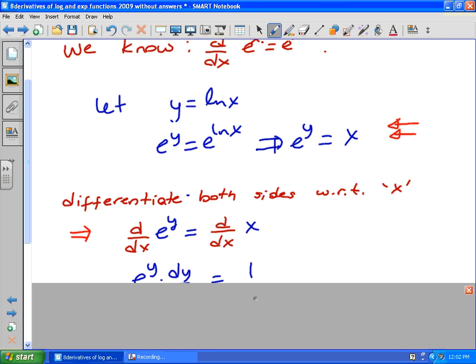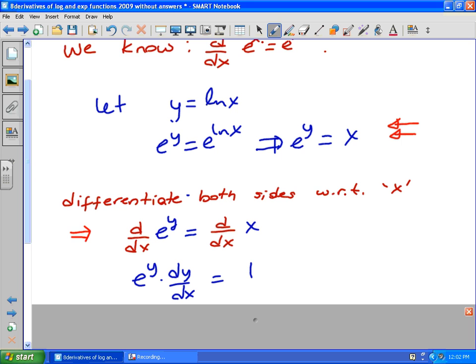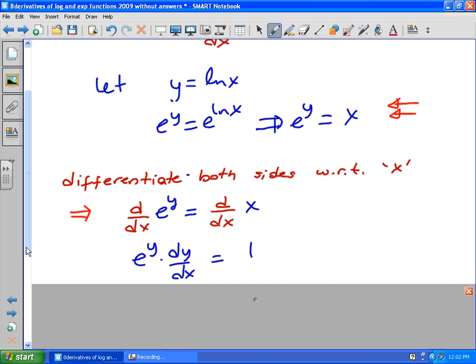I'm doing it in the next step. So the derivative of e to the y with respect to x is e to the y times dy dx, very much like the way we differentiate e to the u, e to the u times u prime. And on the right-hand side, the derivative of x with respect to x is 1, so that's what we have here.